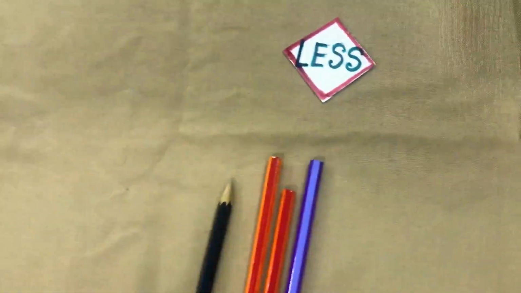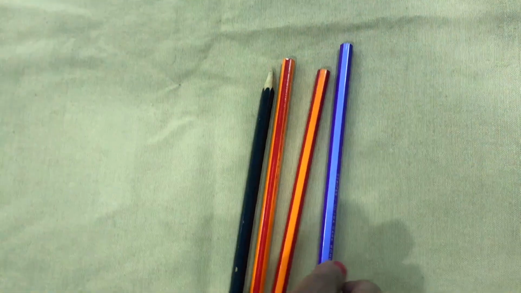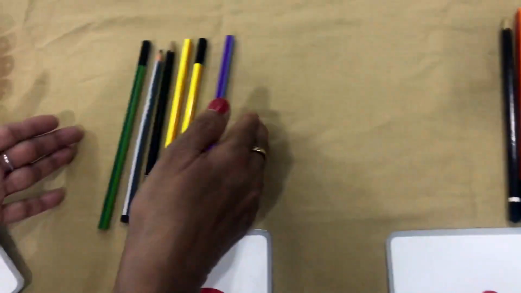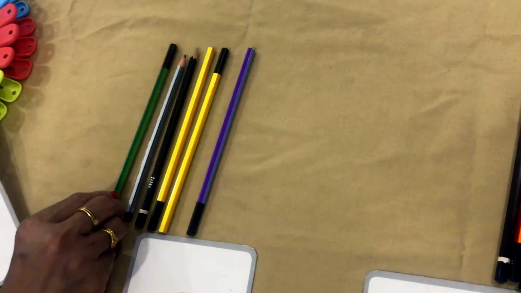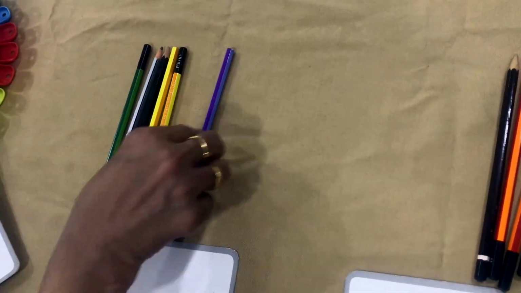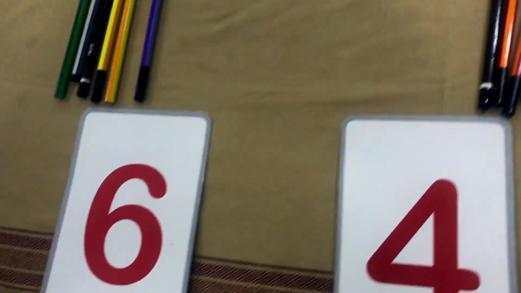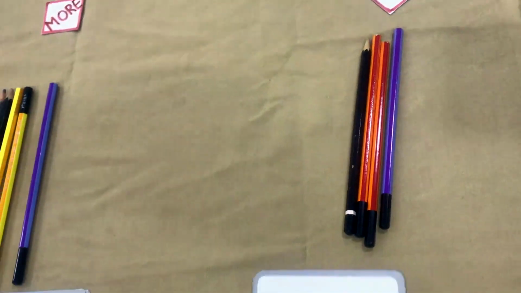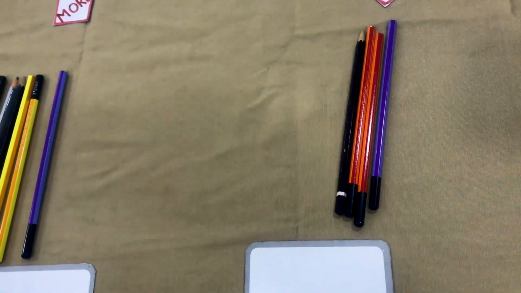Here 1, 2, 3, 4. Here 4 pencils are there. So in this group, how many pencils are there? 6. Here, 4 pencils.